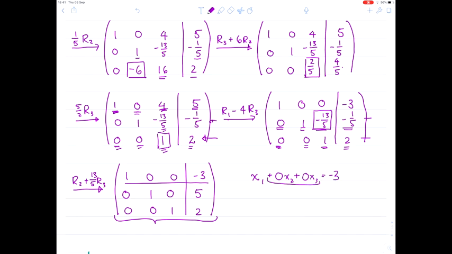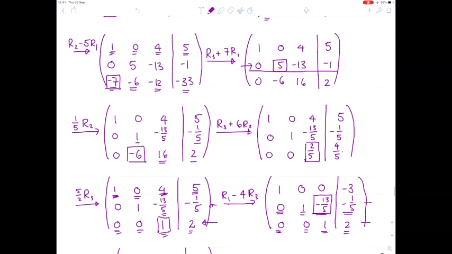And if we ignore these terms, since they're 0, what this is telling us straight off is that x1 is equal to minus 3. Similarly, our second row of our augmented matrix says, well, we have 0 times x1 and x3, it's just x2 that we've got, and it's equal to 5. And our third row tells us that x3 is equal to 2.